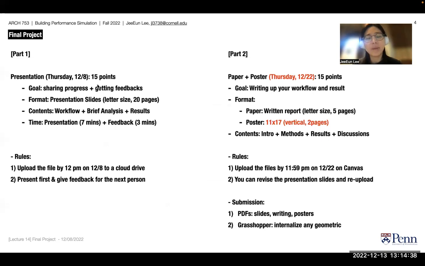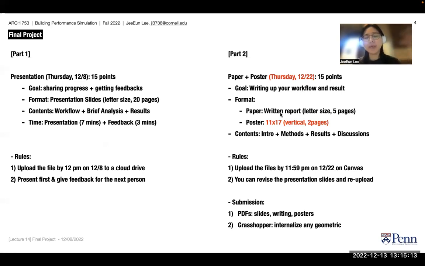I didn't grade it based on what you presented last week, but for someone who just skipped the presentation, I may have to deduct some points, because I have been encouraging you to make progress and share it with us, so that I can give you more feedback and ultimately you can do a better job for the final submission. So 15 points for the slides, and 15 points for a paper and poster.